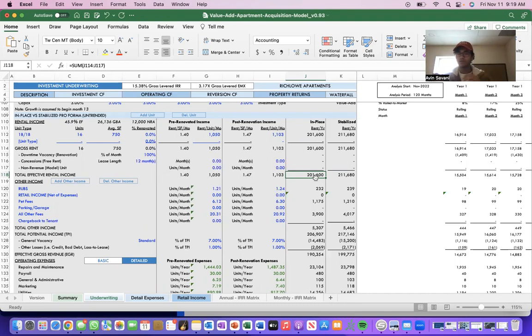So effective rental income is everything on the top line revenue, rental income, subtracting out any vacancies or credit losses that are involved, right? Sorry, not vacancies, concessions or other expenses that are involved. To put it more simply, you're going to have your top line rental income.